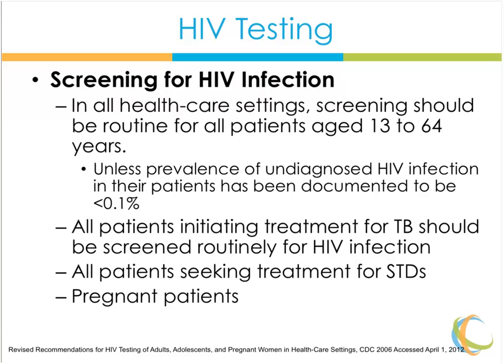There's a caveat to this, however, unless the prevalence of undiagnosed HIV infection in their patients has been documented to be less than 0.1%. So in the absence of existing data for HIV prevalence, healthcare providers should initiate voluntary HIV screening until they establish that the diagnostic yield is less than 1 per 1,000 patients screened, at which point such screening may no longer be warranted.